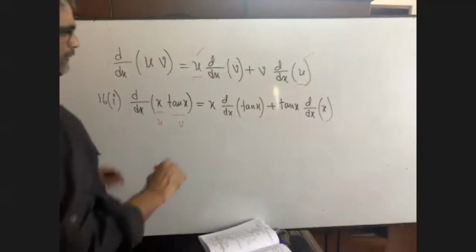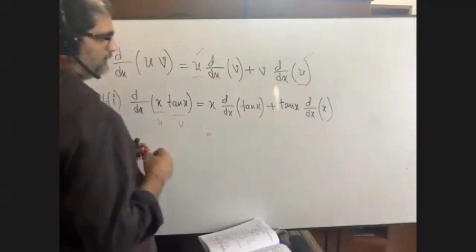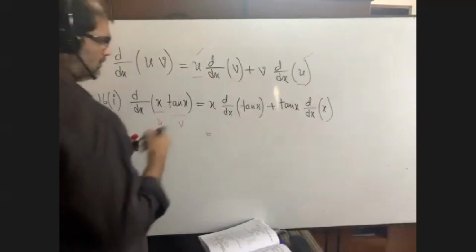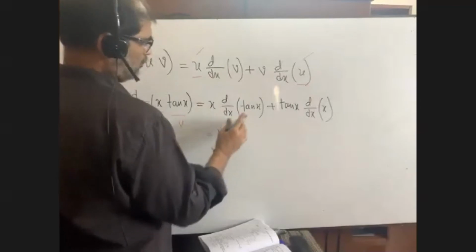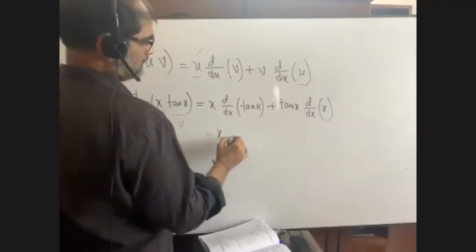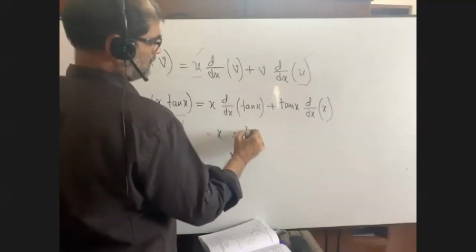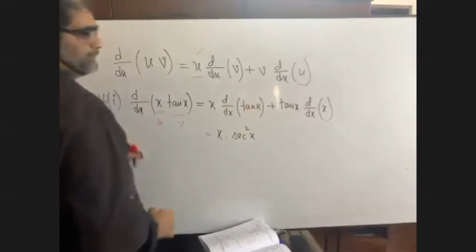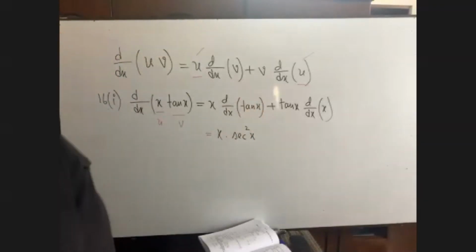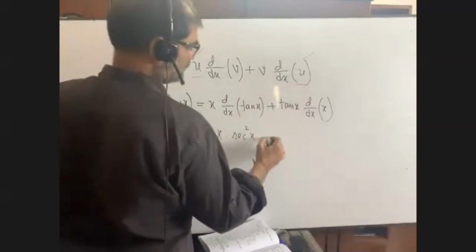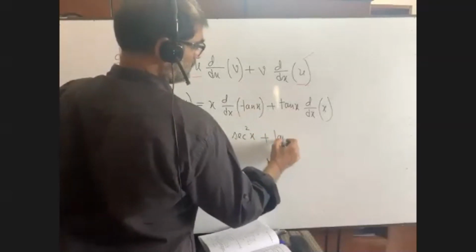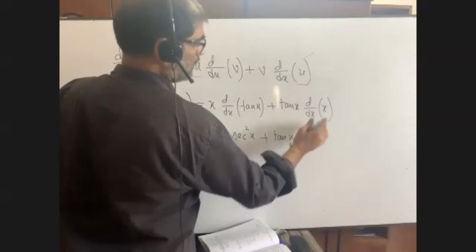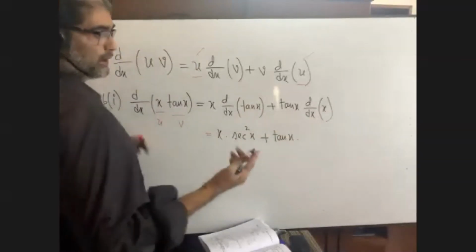Anyway, it is x. What is the derivative of tan x? Sec square x. Now see, it is tan x. What is the differentiation of x? 1.